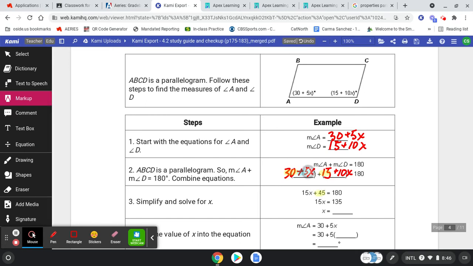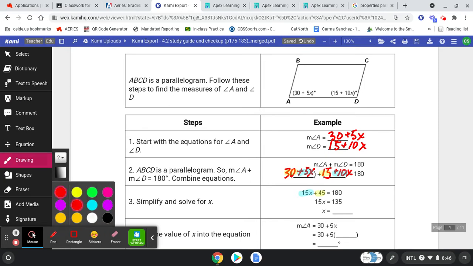And do you also see that 5x and 10x are a total of 15x's? And then we subtract this 45 from both sides. And that leaves us 15x on the left and 135 on the right. So take a minute to divide with your calculators. Divide both sides by 15 and tell me what you get.